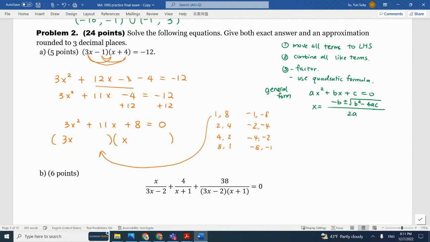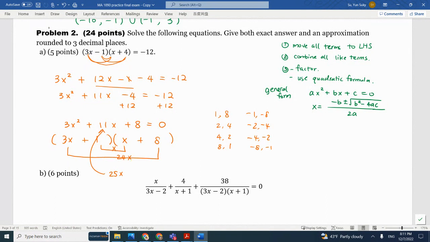And let's plug in here. So you put 1 and 8. And then let's see what happens. So you get 1 times x is x. 3x times 8 is 24x. Then you know it must not be this one. x plus 24x is 25x, which is not 11x. So therefore, we don't pick the pair 1, 8.